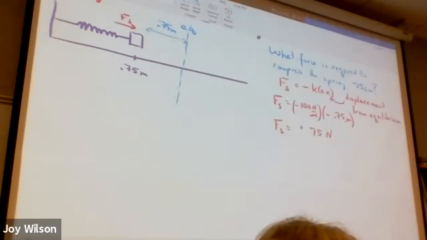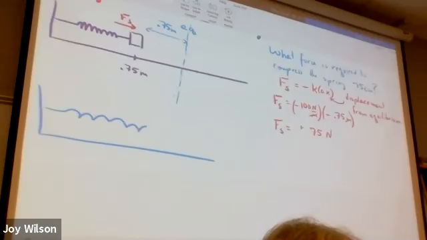So what would happen if I pulled it out to the right? Now I would have this kind of thing going on. There's my center, 0.75 meters here.